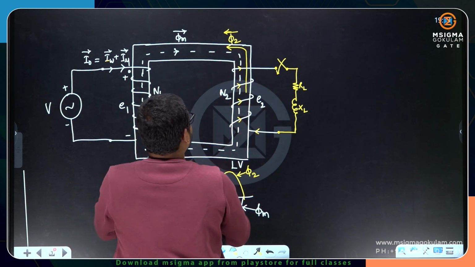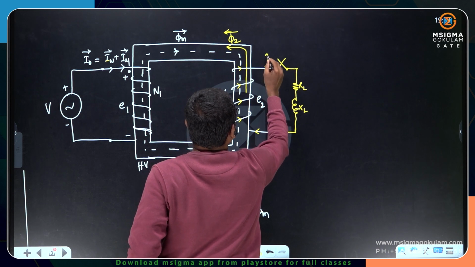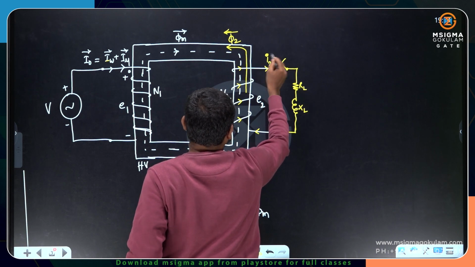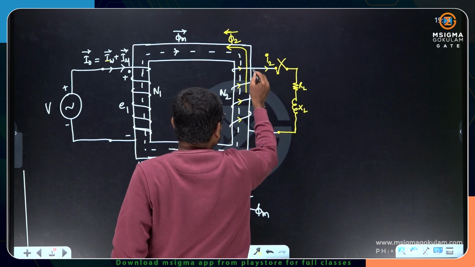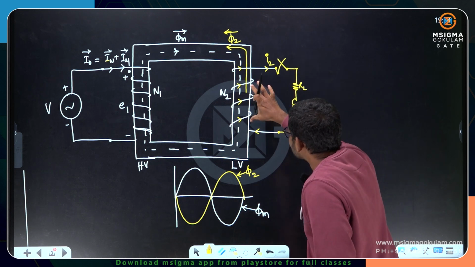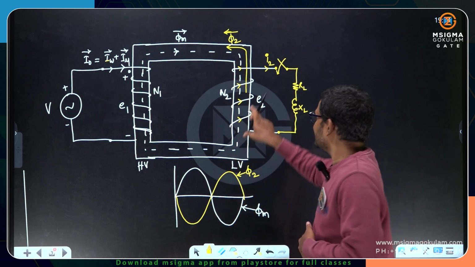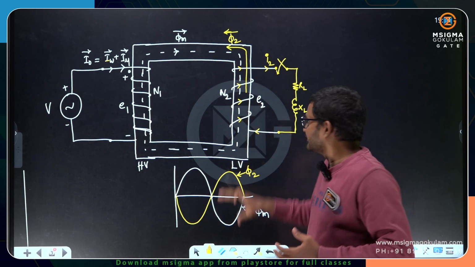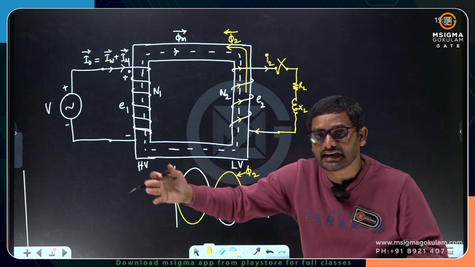Here the current is leaving from this terminal. This is my I2 current. You can take it as capital I2 or small i2, it doesn't matter. As the current is leaving this terminal, this EMF is like a source. The N2 coil is like an active element, delivering current to the load.